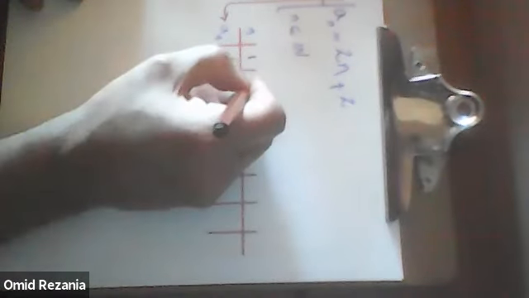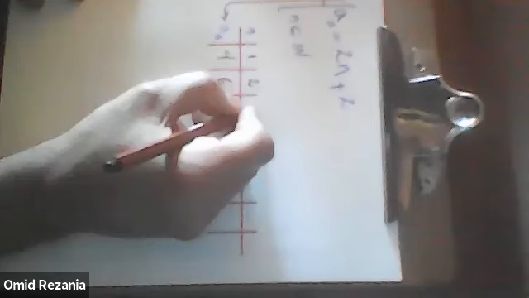I get 2 times 1 plus 2, which becomes how much? 4. If n is equal to 2, how much is a_n? 6. If n is equal to 3? 8. That's right. If n is equal to 4? 10, that's right, thank you.